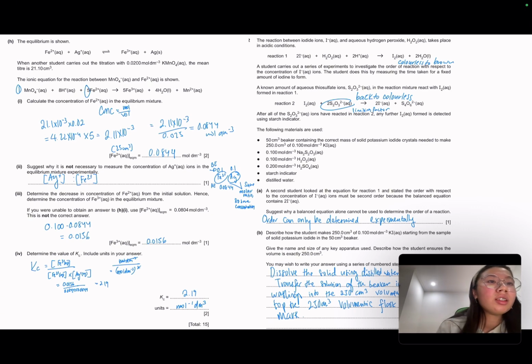Alright. After all of the thiosulfate ions have been reacted in reaction 2, any further iodine formed is detected using starch indicator.